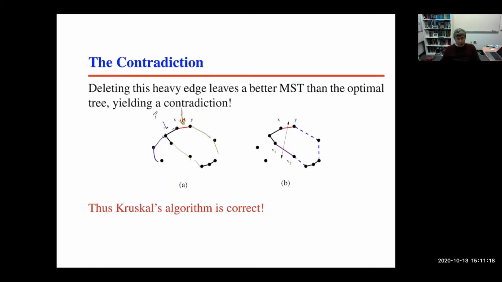The fact that we picked it meant that based on the edges so far, this edge did not create a cycle. So what do we know about at least one of the other edges on the minimum spanning tree, on the tree that your algorithm picked? Okay, what do we know about at least one of these other edges, these green edges?